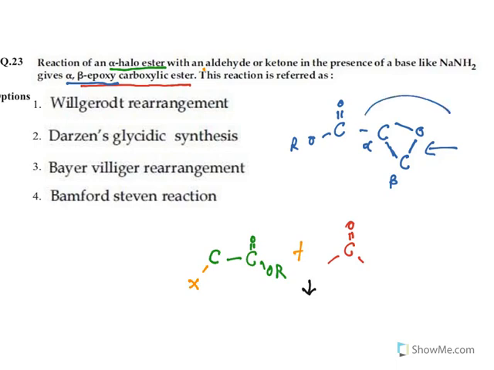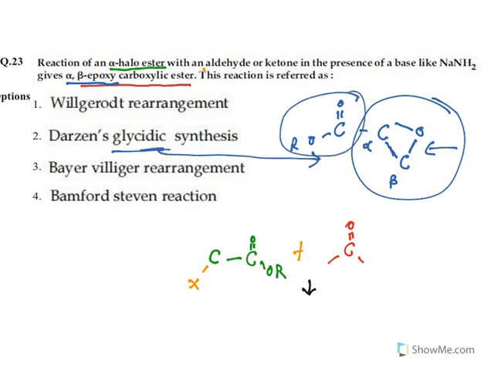In fact, there is a specific name for this kind of compounds and they are known as glycidic acids, glycidic esters. This is an ester, so this is known as a glycidic ester. If you understand what this alpha beta epoxy carboxylic acid is, you will get the answer, because in the answer you have this name. So learning organic chemistry is easy when you understand what the compound name means.